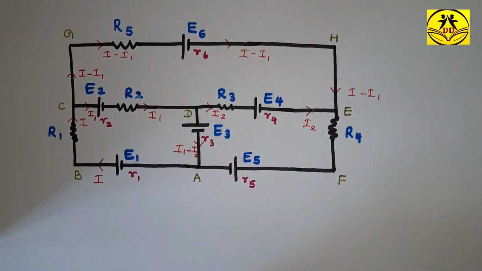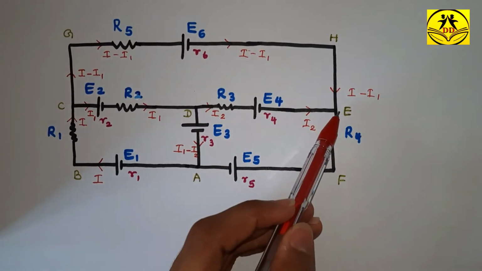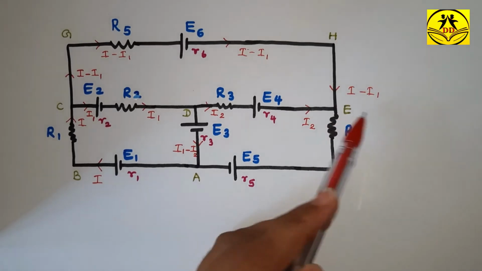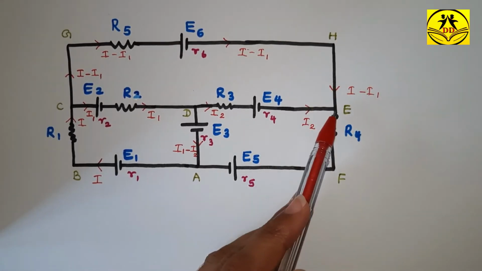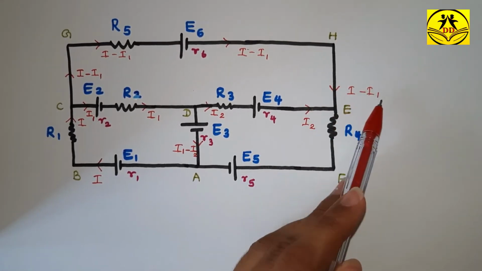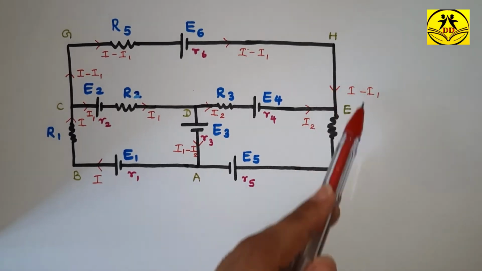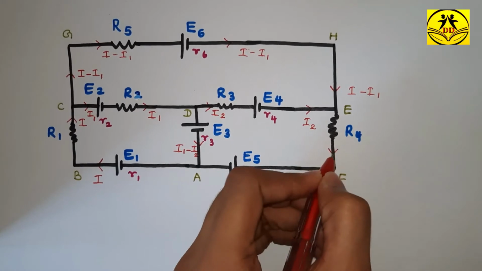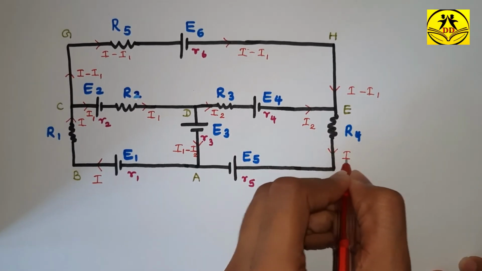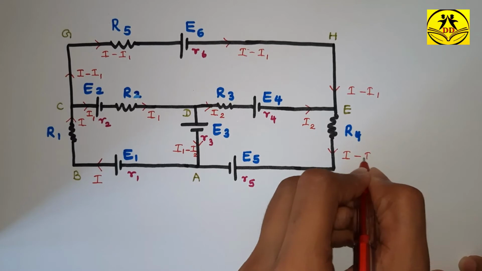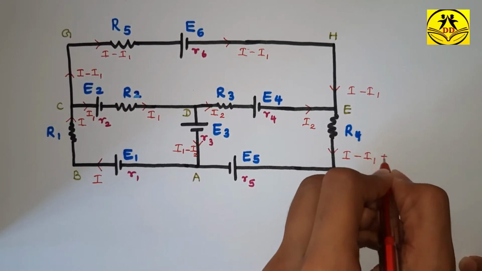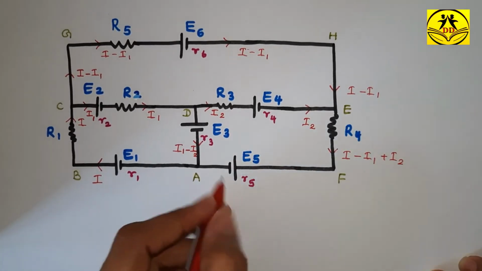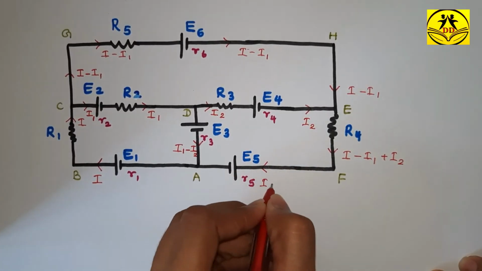Now, see in this node, the current flowing into this node is I minus I1 and I2. So the sum of those will move out of this node. So it's the current flowing through this, I minus I1 plus I2, according to Kirchhoff's first law.